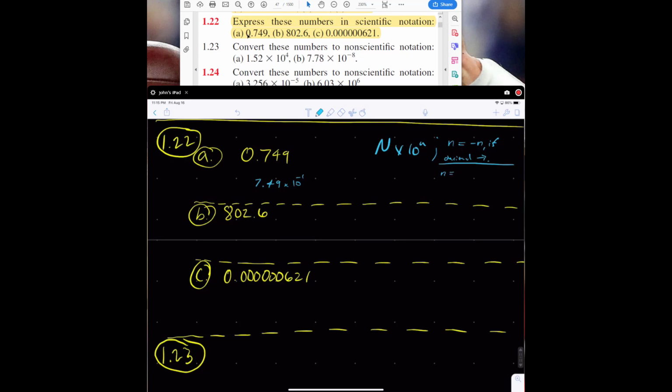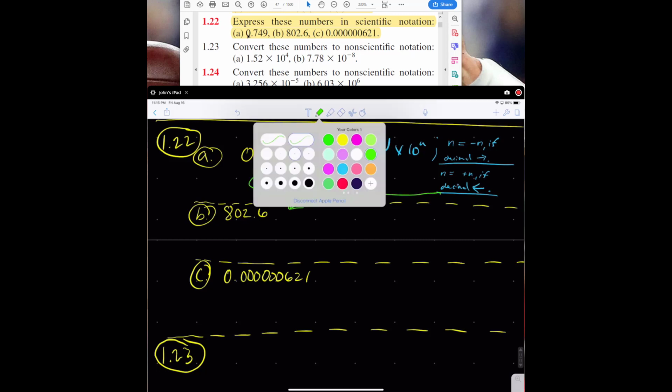And n is positive, which we don't denote, we just write the number, if the decimal has to be brought to the left. So we'll see that demonstrated in B, right here.